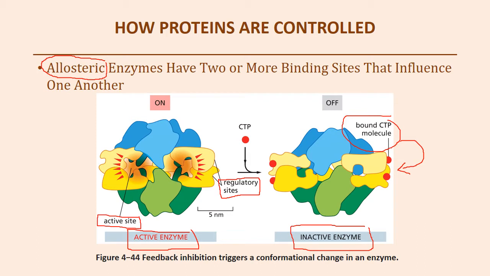By doing so, it will make the enzyme inactive, aka no longer being useful. It is only when the bound molecules are removed from the regulatory site that the active site then goes ahead and induces its original configuration, therefore increasing the likelihood that it can actively bind to the ligand and thereby continue its function.